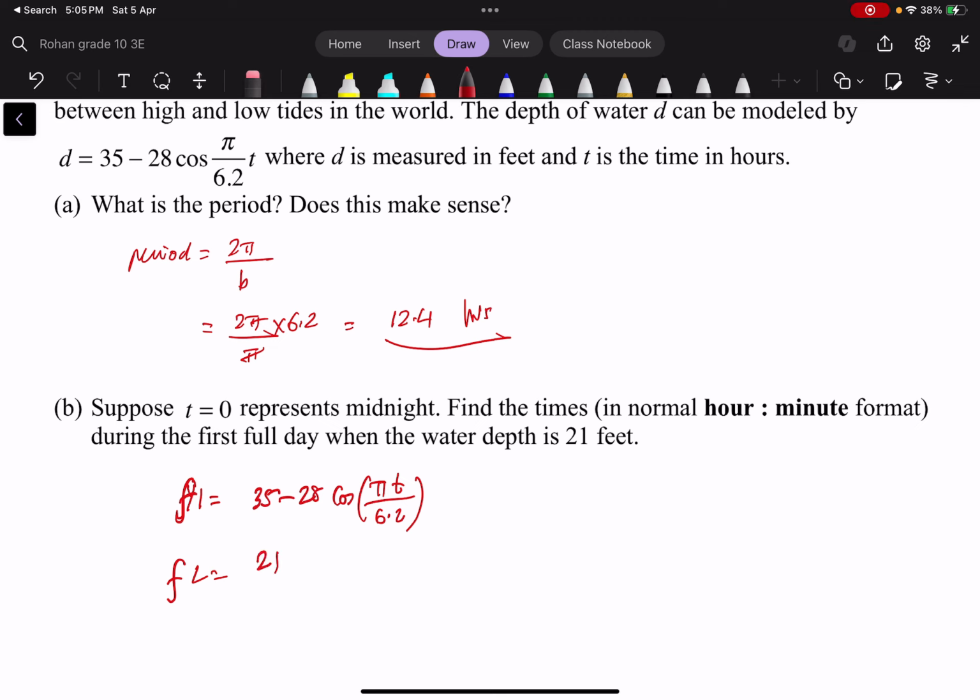Keep your domain as 0 to 24, because t is a time in hours, for the first full day. And you see where they intersect, and you need to copy that in your paper.